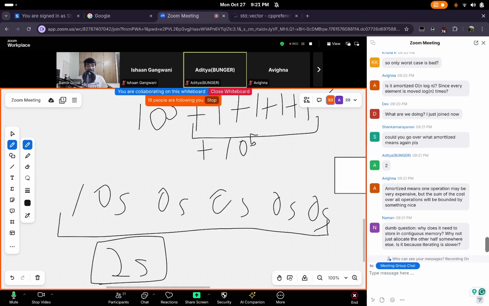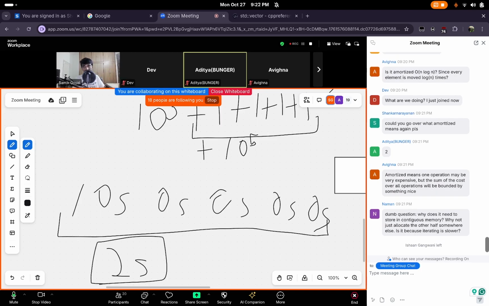Oh, why does it need to be stored in contiguous memory? That's because it is extremely fast when it is stored in contiguous memory. This actually boils down to the actual processor. Basically, whenever you have something in memory and you read the next element, that is going to be really, really fast.